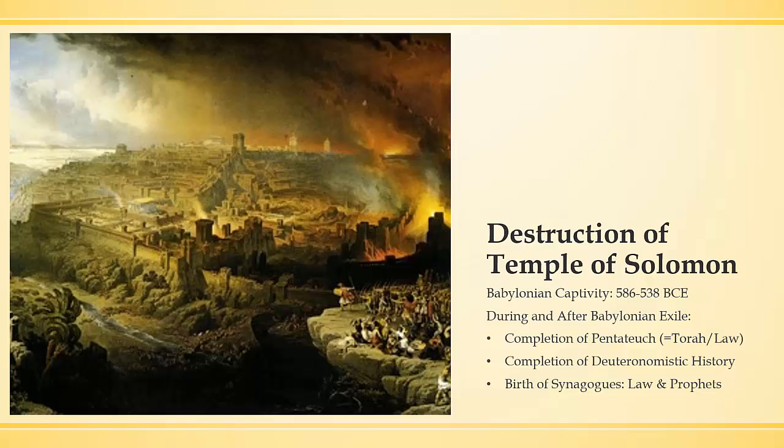So instead, during the Babylonian exile, they began to build houses of prayer and of study called the synagogues, where people would gather on the Sabbath to hear the law and the prophets, the beginning of the Bible, the Torah, the law and the prophets and the writings, to hear them read and to pray about the message of the law and the prophets. And so this is also the beginning of modern Judaism as we know it today.